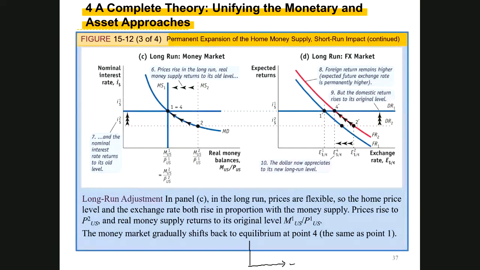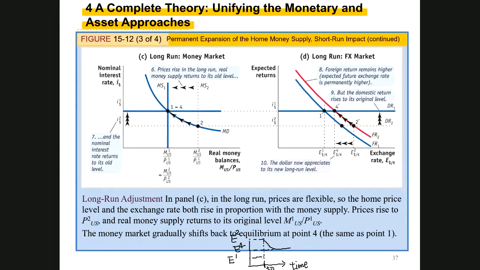This is time. This is T naught, means the policy was announced and executed. Original exchange rate, E1. At shock, it will jump to E2, but it will gradually shift back to E4.